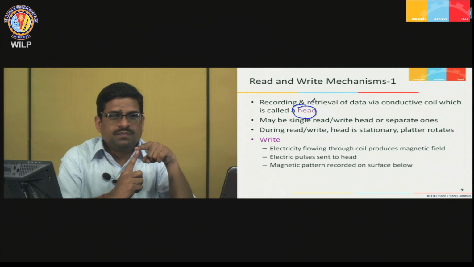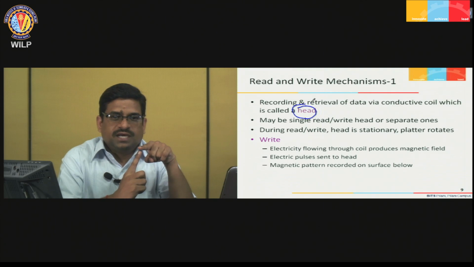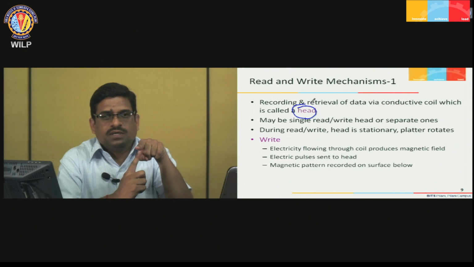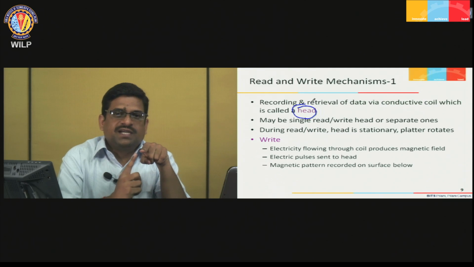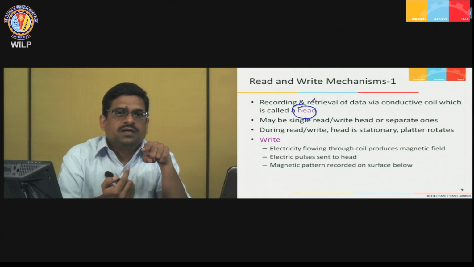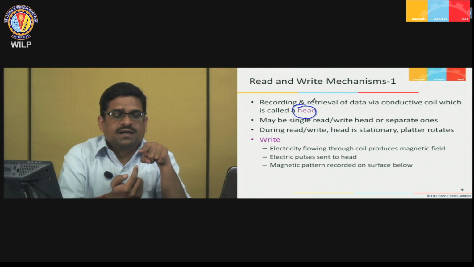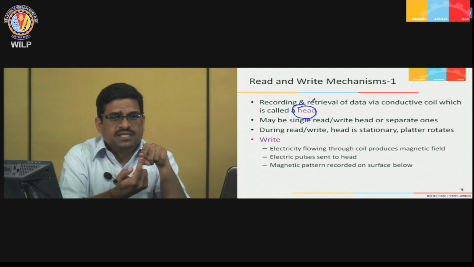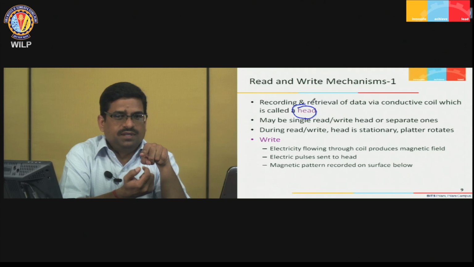When the request comes, because there are multiple heads and each track has a separate head, if the request belongs to, let us say, track number 50, the track 50 head will be active. The head is stationary, and the disk has to rotate such that the desired sector comes under the head position, and then that sector can be read.